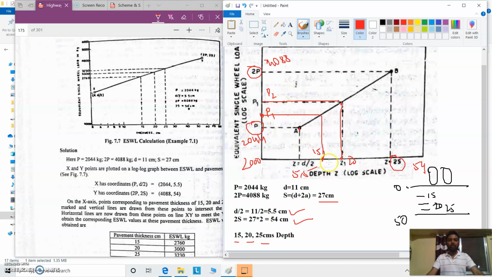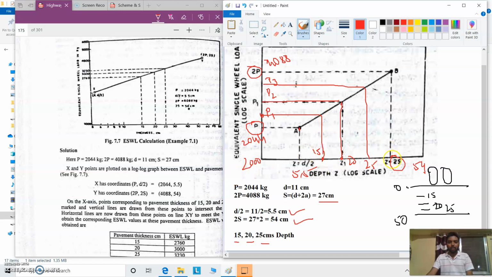P1 load is for 15 centimeter and P2 load is for 20 centimeter depth. Similarly, they have asked for 25 centimeter depth. For 25 centimeter depth, we erect the point to the coordinate line, and then join to the y-axis, and we end up with P3. That is the load causing at the 25 centimeter depth in the pavement.